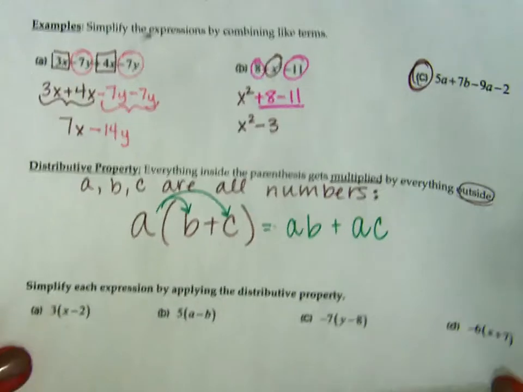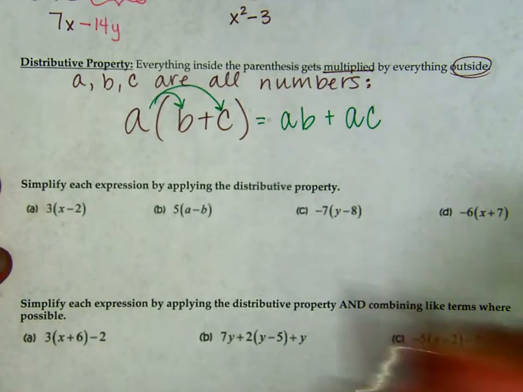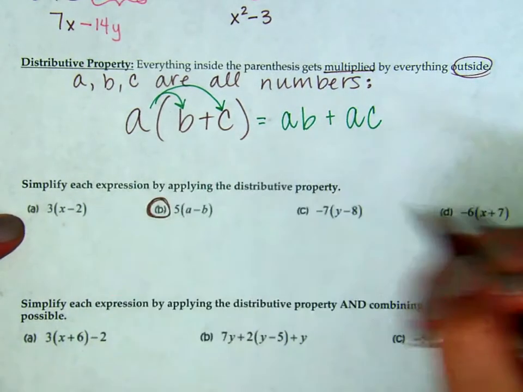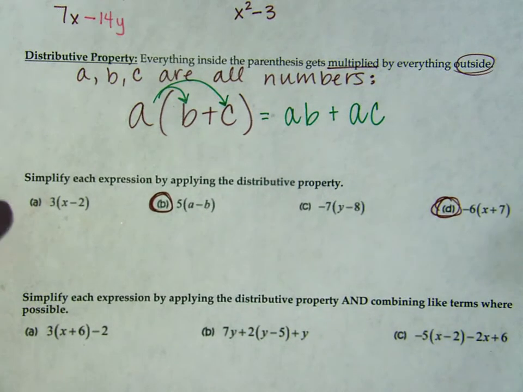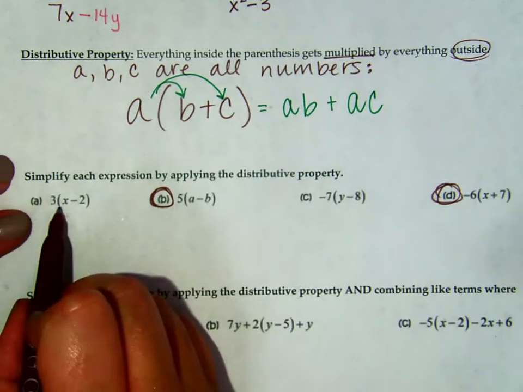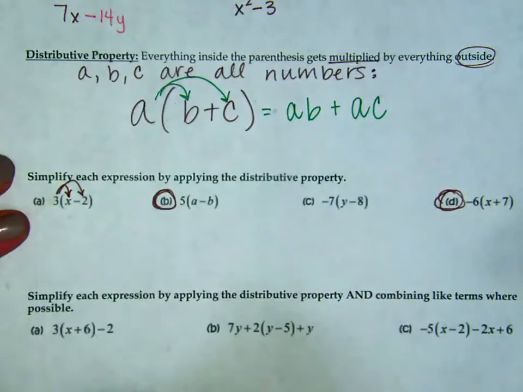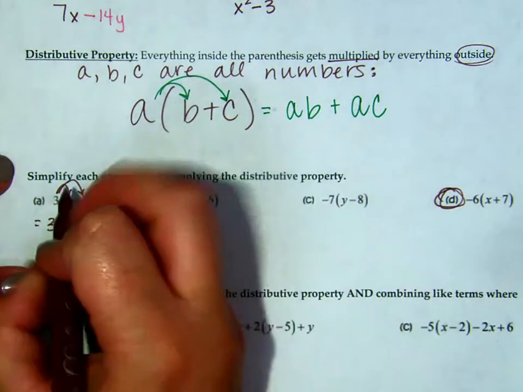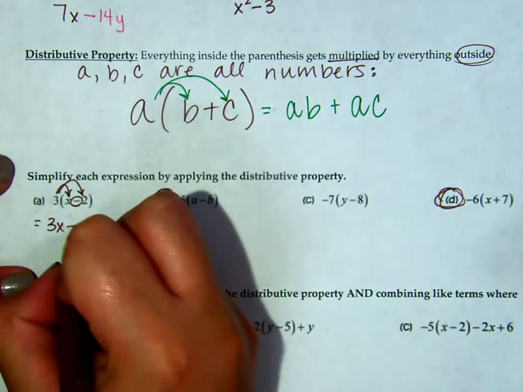Our next set of examples has to do with the distributive property. I'm going to do A and C, which means you have to try B and D before you come to class tomorrow. Example A, I see 3 on the outside, so I'm going to multiply everything on the inside by 3. 3 times x is 3x. 3 times negative 2, because of that minus sign, gives me a negative 6.